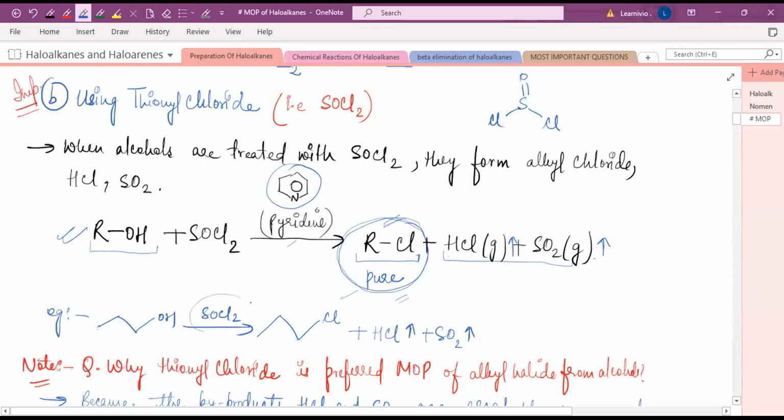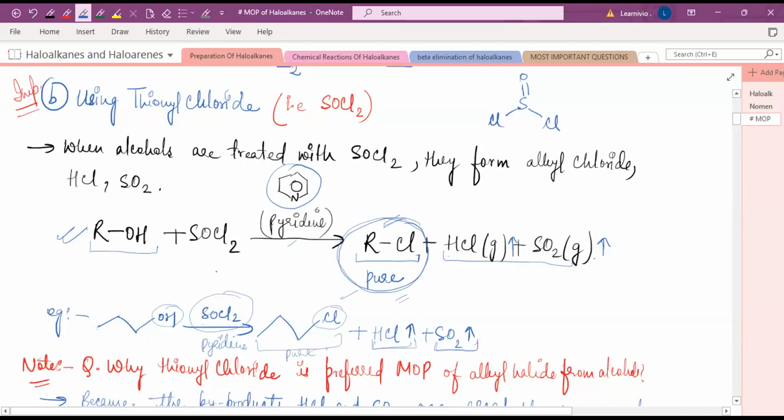When propanol is treated with SOCl2, and obviously it is known that there is pyridine also, the OH group is replaced by a Cl group, and you will get the corresponding alkyl chloride, a chloropropane, plus HCl and SO2. They just evolve out from the reaction, and you will get the pure form of your alkyl chloride.